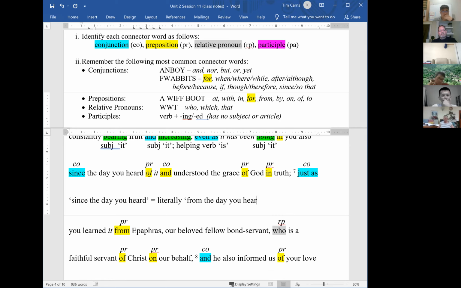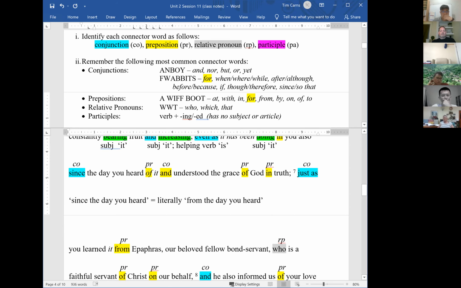Okay, literally, and this is what the ESV has, it is literally from the day you heard. It's a preposition in the Greek. And the idea being expressed, I'll just put it this way, is this: from the day which you heard.